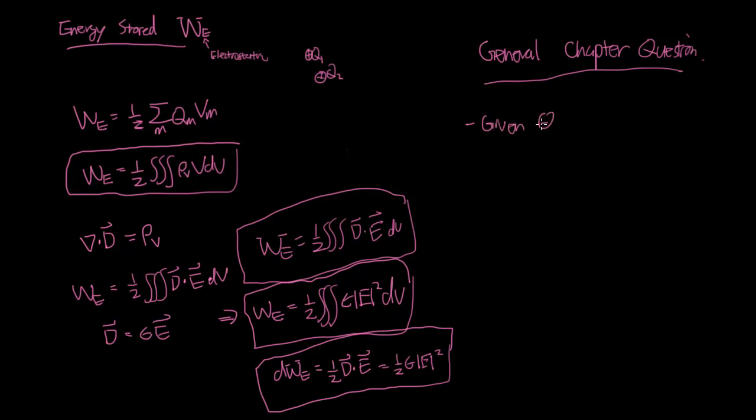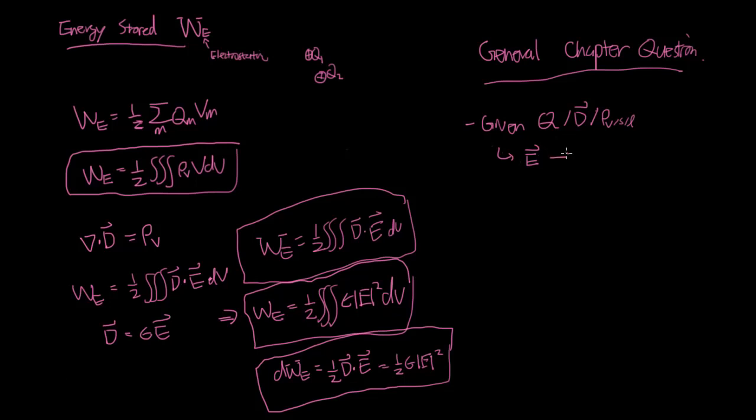These can be in the form of the charges themselves in point charge form, or I might give you the electric flux density, or I might give you the divergence of electric flux density. So I might give it to you in the form of charge density of volume, or surface or line for that matter. But the point is you're given a system of charges, which means that there's a certain amount of energy stored in it. So you would use all of the skills that you had previously in the electric field chapter to find the electric field.